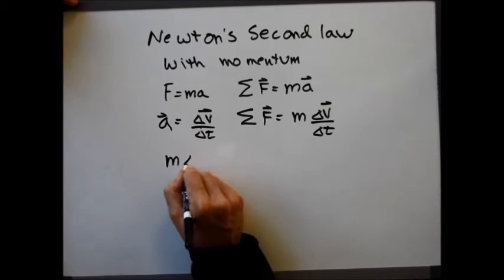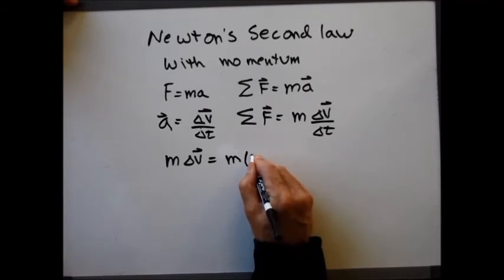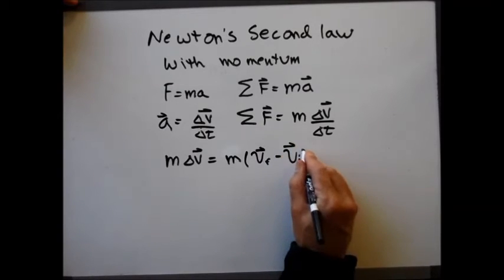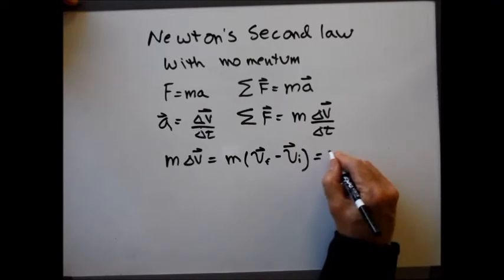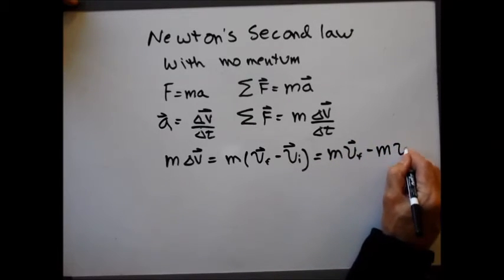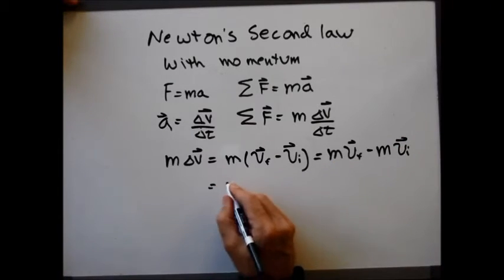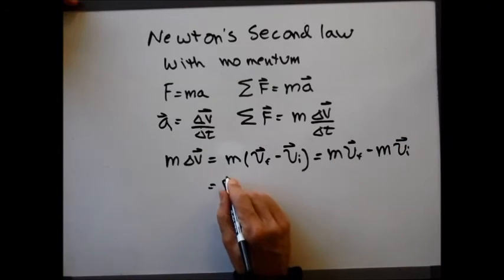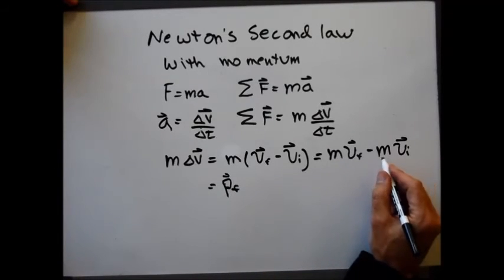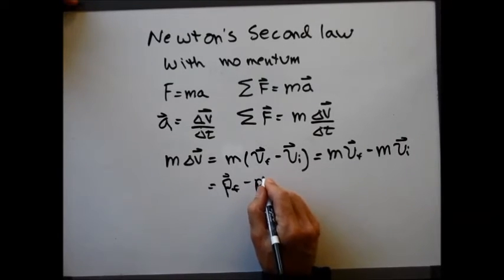But mass times the change in velocity is just mass times velocity final minus velocity initial, right? But we can rewrite that as mass times velocity final minus mass times velocity initial, right? But mass times velocity final, that's just P final, right? Because mass times velocity is momentum. Similarly, mass times velocity initial is P initial.